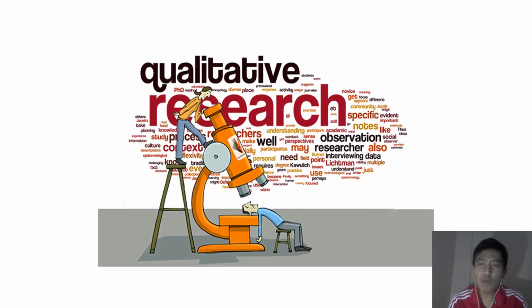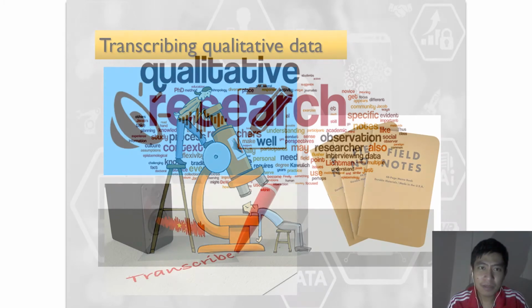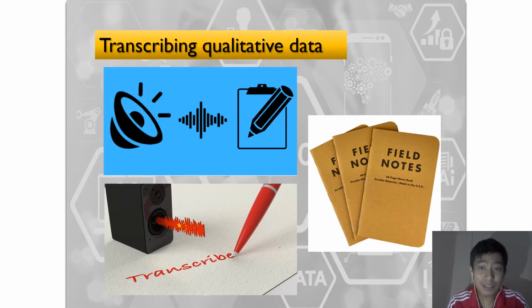So after understanding how we analyze quantitative research, now let's proceed to our qualitative research. How will we interpret, how will we analyze narratives, photos, excerpts, records? First, let's do our transcribing.